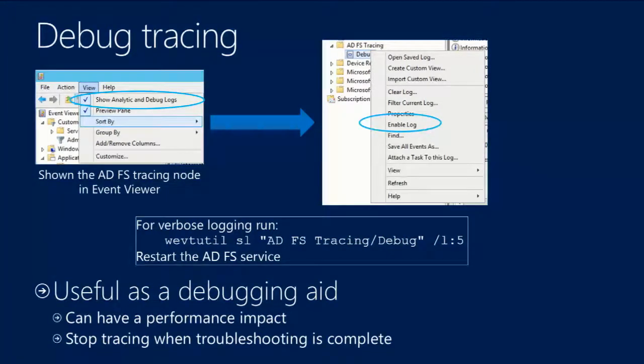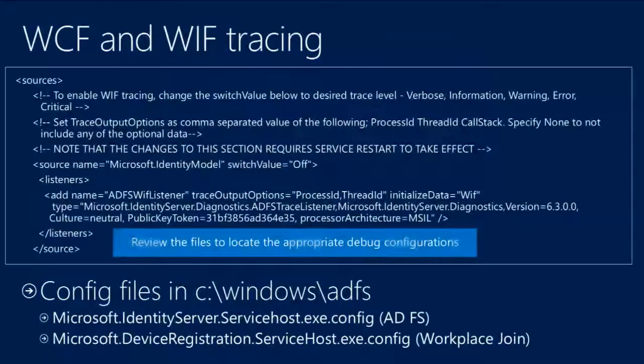To turn this on, you need to enable the log. So you show analytic and debug logs, enable the log. If you want verbose logging, you can turn that on. You've got to restart the service. Great as a debugging aid, but whatever you do, turn it off after you've used it, because you will produce the most copious amounts of logged info.